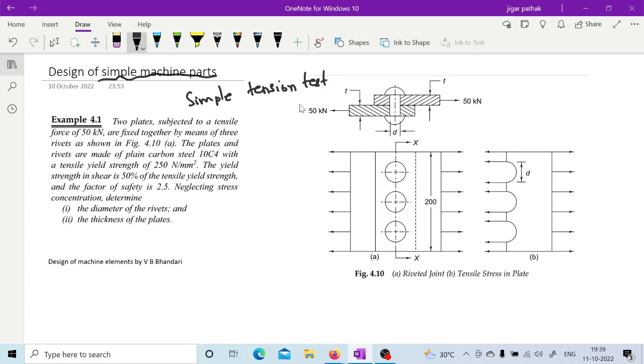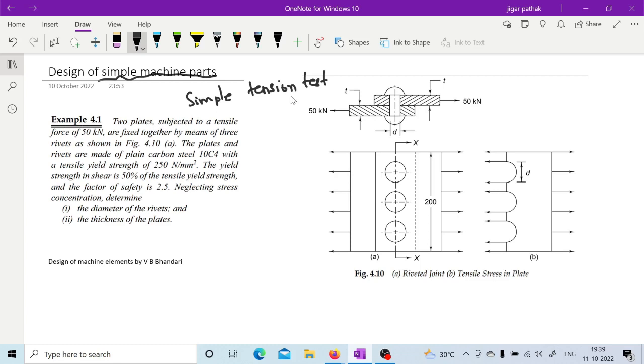That tension test is going to give you data about its yield strength, its fracture strength, ultimate strength, percentage elongation, and Young's modulus, and all other things will be achievable through that tension test. So before going for design, you must have an idea about the various stresses acting on it.